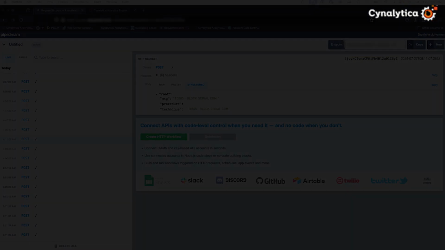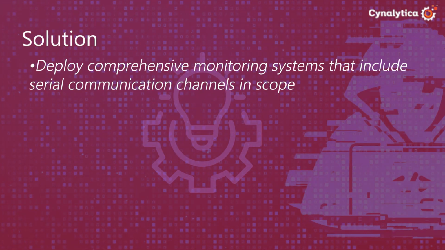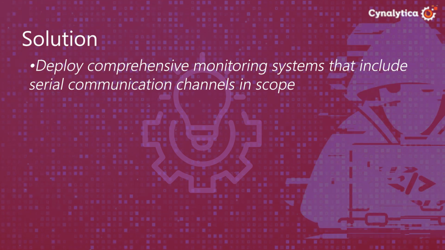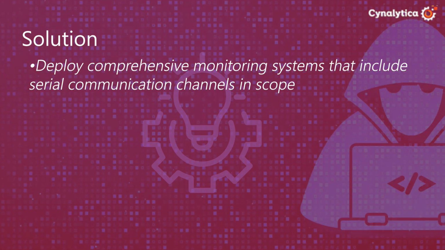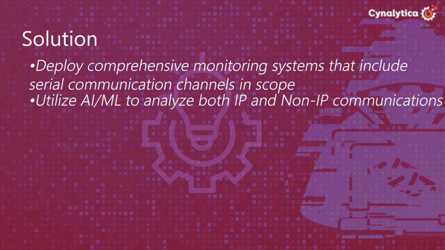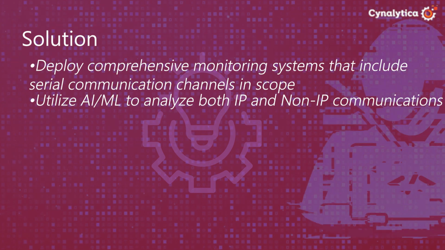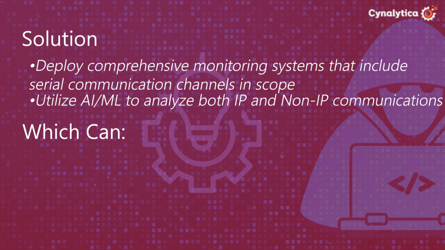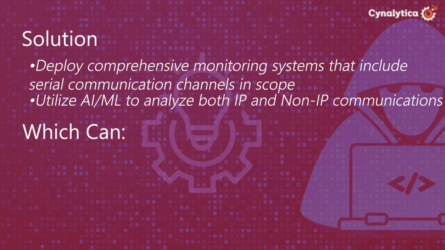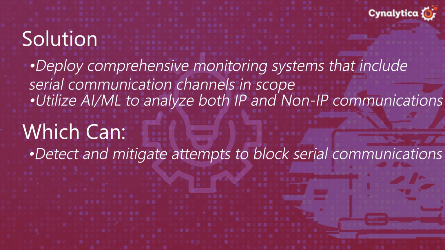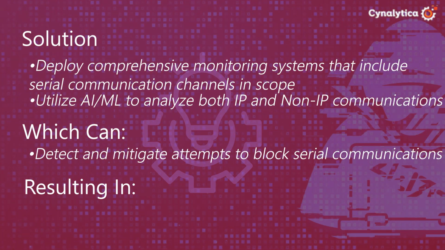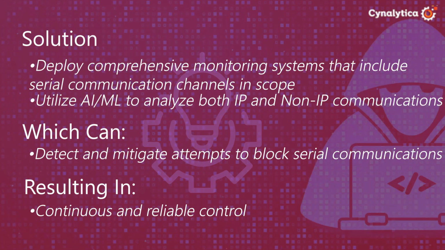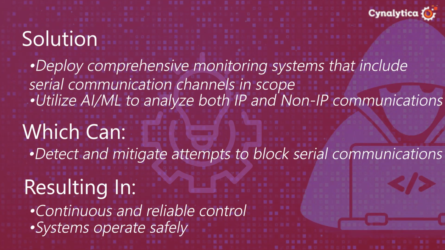By deploying comprehensive monitoring systems that include serial communication channels in their scope, Cynalytica's Analytics Engine with SyrenQL detects attempts to block serial communication by continuously monitoring the integrity and availability of serial communication channels. SyrenQL's AI/ML algorithms analyze data flow patterns and detect interruptions or anomalies indicative of communication blocking.